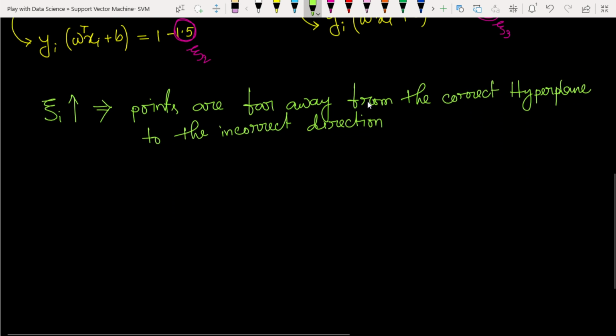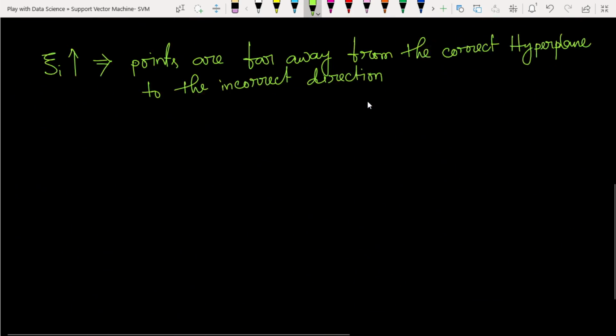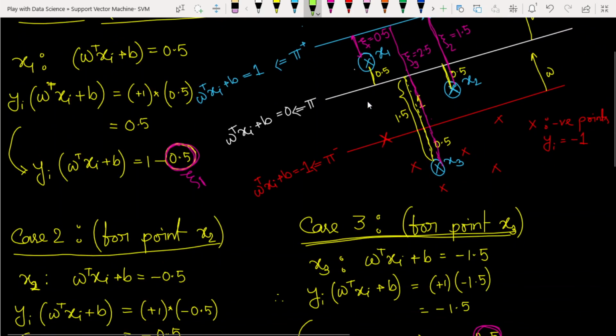Okay, I think this is the main thing. Just see this picture, then this definition will be clear to all of you. X1 is the closest misclassified point, x2 is the second closest misclassified point, and x3 is the third closest misclassified point.